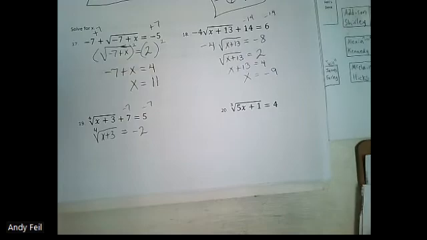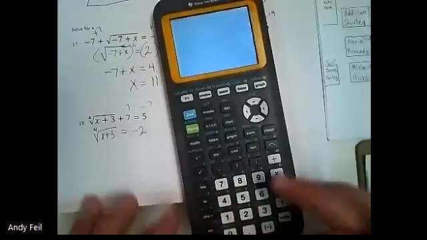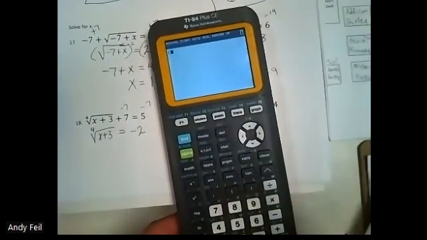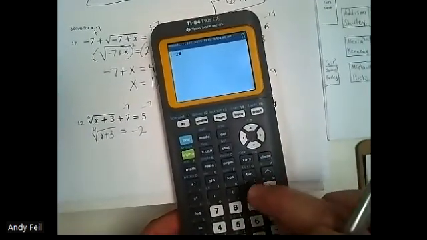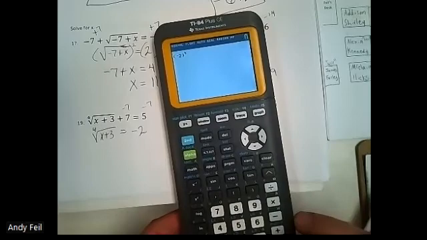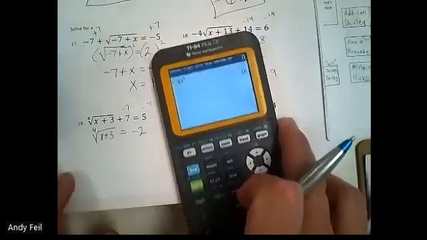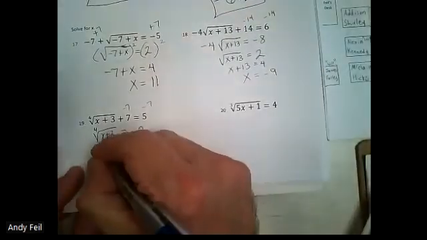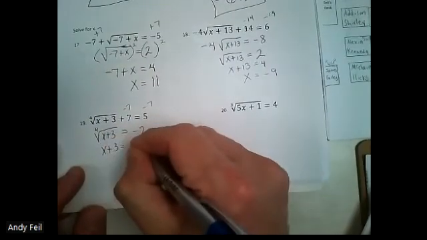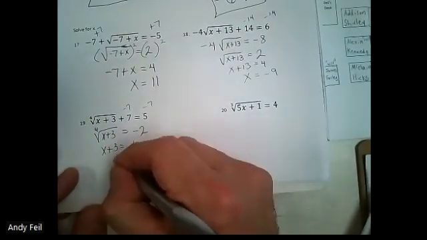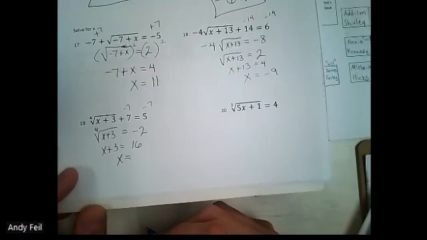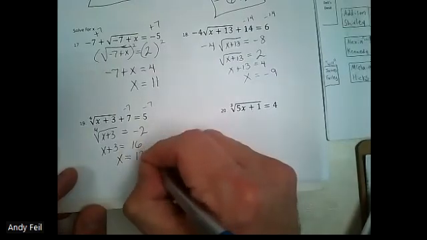Take both sides to the 4th power. I don't know what that is, so I'm gonna do it on my calculator. -2 to the 4th power is 16. So that means x plus 3 equals 16, which means x equals how much? 13.